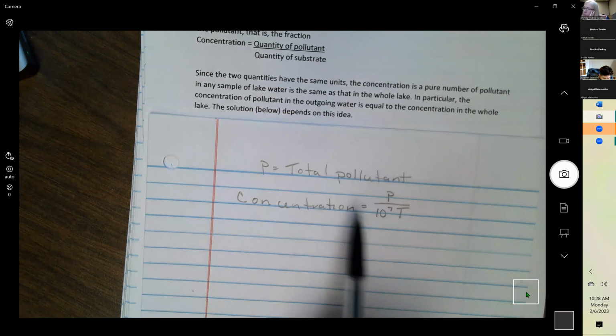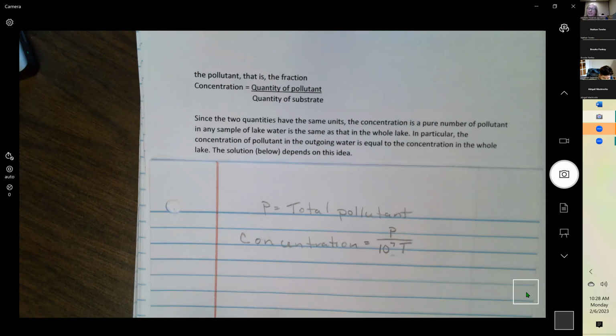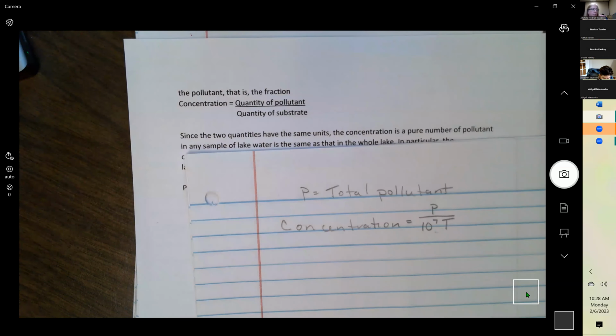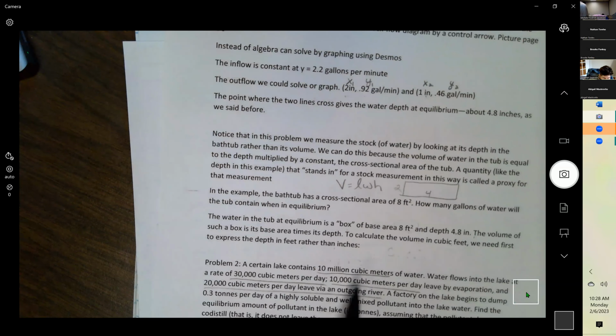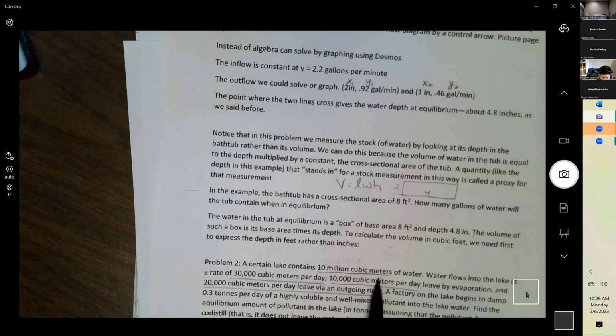They told us how large the lake was. I didn't want to have the answers in there, so I'm not showing the answers, but they did tell us the amount in the lake: 10 million. So a certain lake contains 10 million cubic meters of water.